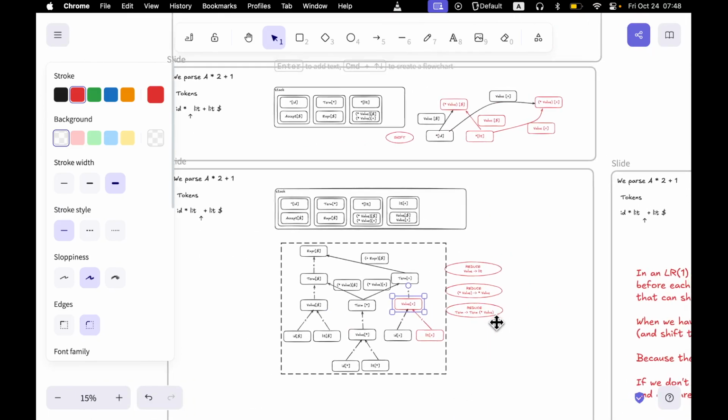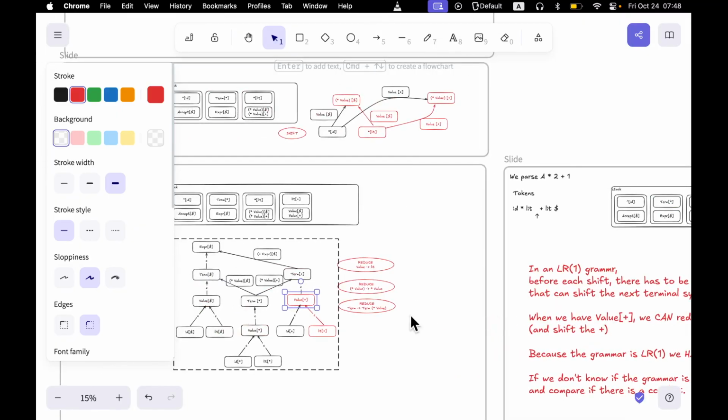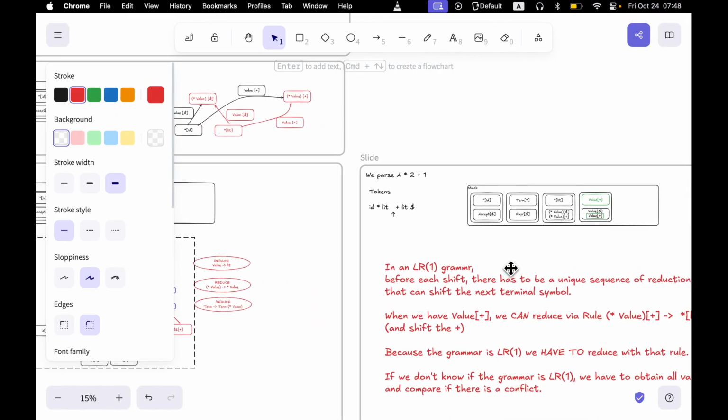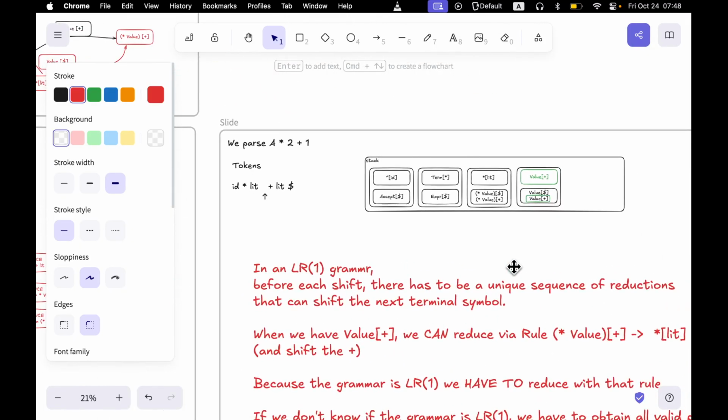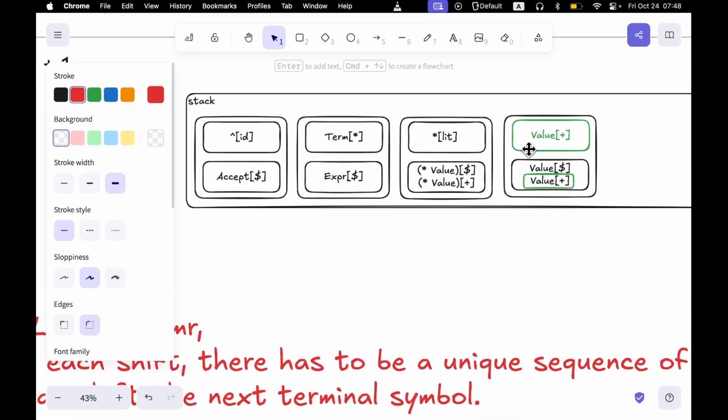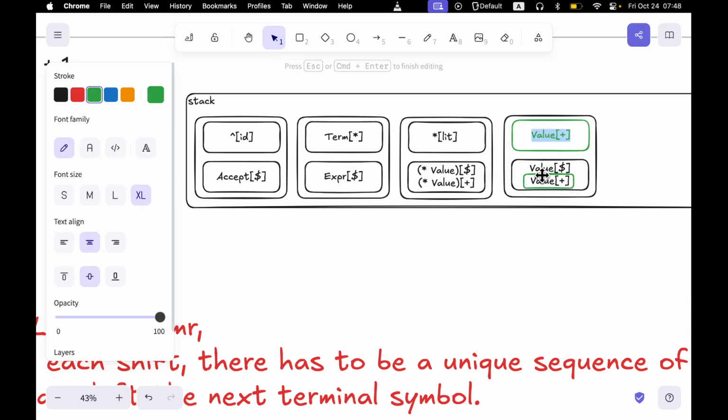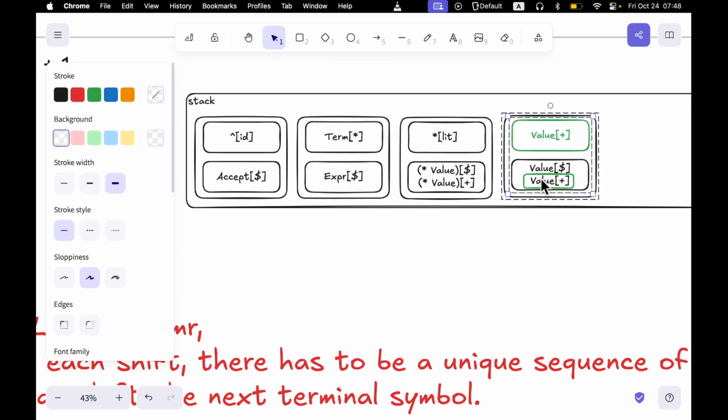Now, what you realize is that this is the first time we've encountered that the current state actually matches the goal that we set earlier. So currently we have a value plus, and this is equivalent to the goal that we set earlier, value plus.